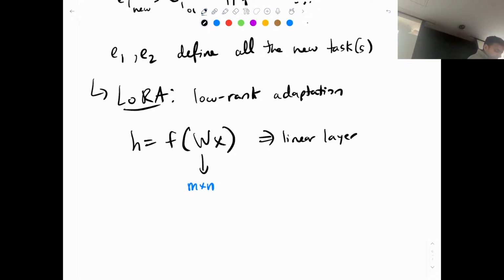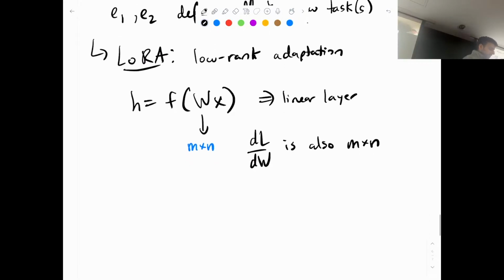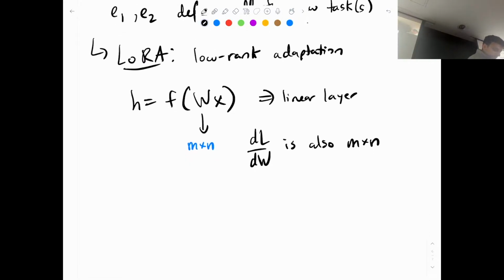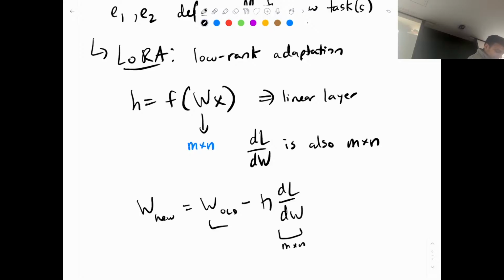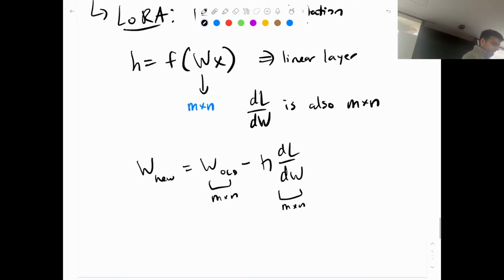So if W is M cross N, then dL/dW is also M cross N, the gradient, right? So when we do our update, W new equals W old minus our learning rate times dL/dW, this thing is M cross N, this thing is M cross N, and so there's a lot of memory and storage associated with this whole thing.